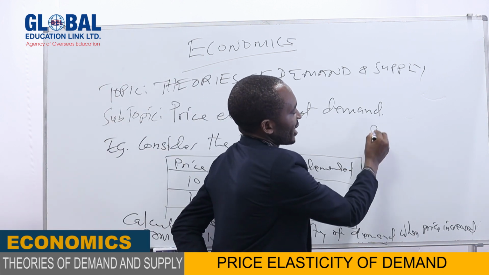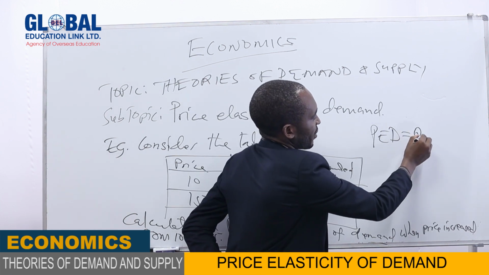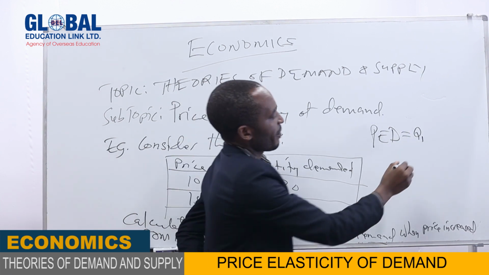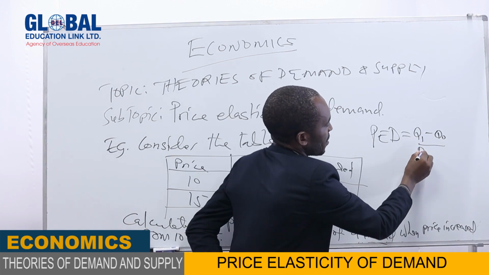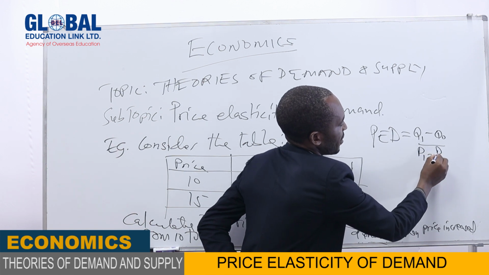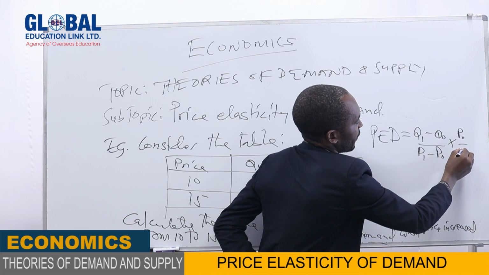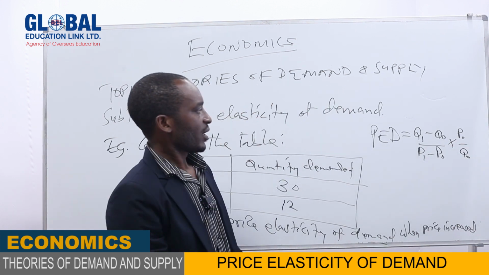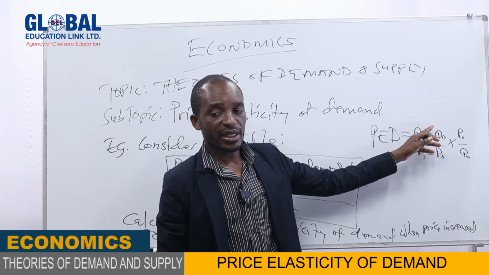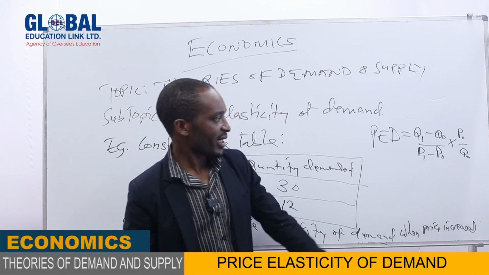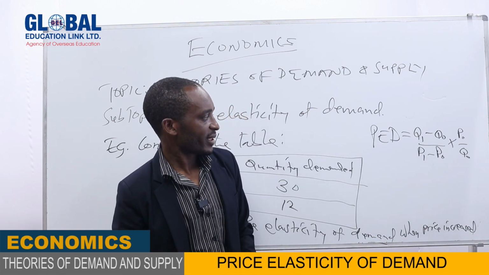We know price elasticity of demand equals (Q1 minus Q0) over (P1 minus P0) times P0 over Q0, where Q1 is the new quantity and Q0 is the original quantity before changing the price, and P1 is the new price and P0 is the original price.